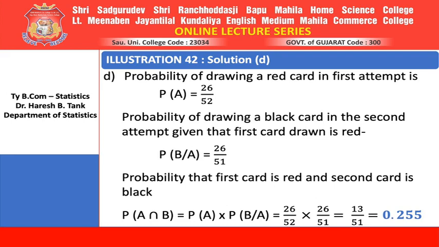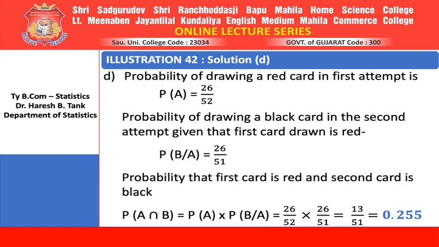Next is probability of drawing a red card in first attempt, which is 26 by 52. That we have done many a time earlier. Probability of drawing a black card in the second attempt. Look, number of black cards remains the same, naturally it would be 26 only. But one card is drawn, so total number of cards is one less. So it is 52 minus 1, that means 51.